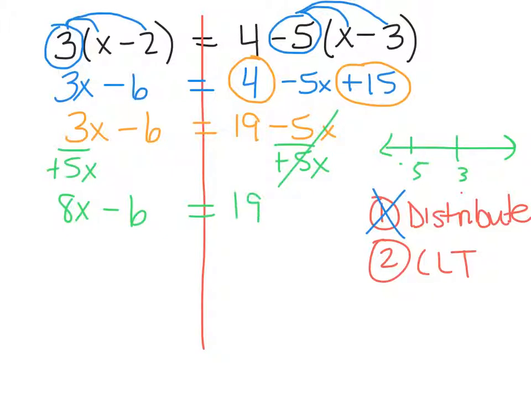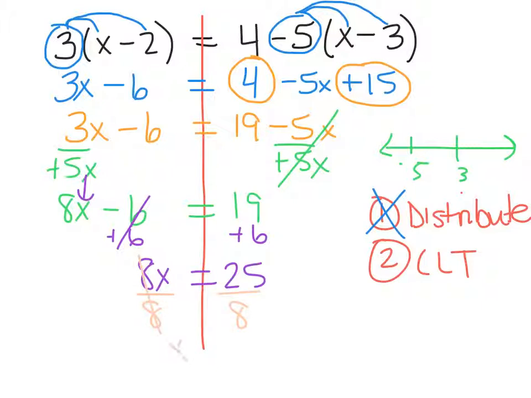All right, so the next step, now it's just a two-step equation. So we're going to solve for our x here. The furthest thing away is the minus 6, so I'm going to add 6 to both sides. So we get 8x equals 19 plus 6 is 25. And then the final step, we are going to divide both sides by 8.